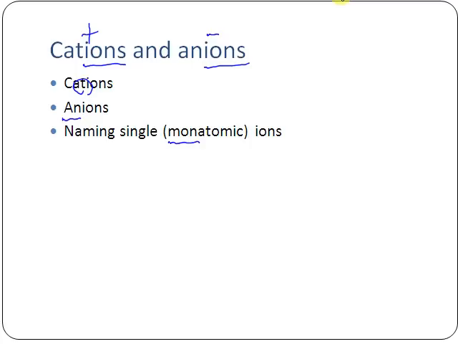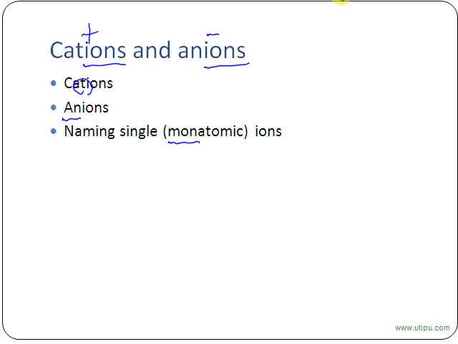If in a compound you have a cation, then the name of the ion is just the name of the element. So if I had sodium, Na, go ahead and take out your periodic table and look at sodium. You'll see it has a charge of +1, and that +1 tells you, number one, it's a cation, and number two, its charge is +1.